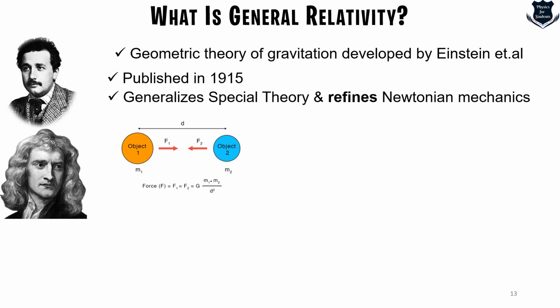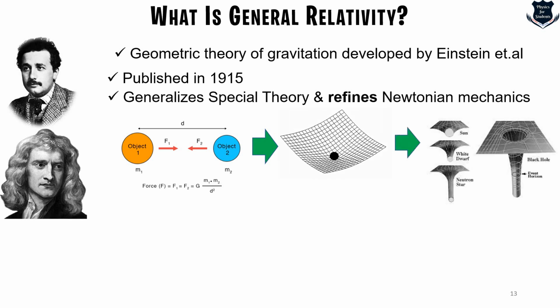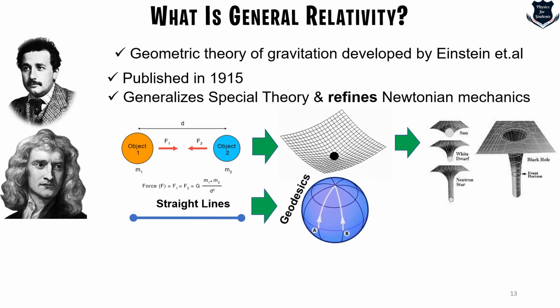So here is the Newtonian mechanics of objects from force 1 to force 2, which got generalized into curved space-time, which further got generalized into cosmology and the study of the structure of black holes, white dwarfs, the sun, etc. And straight lines, which were a notion of Euclidean space and Newtonian mechanics, now got generalized into geodesics.